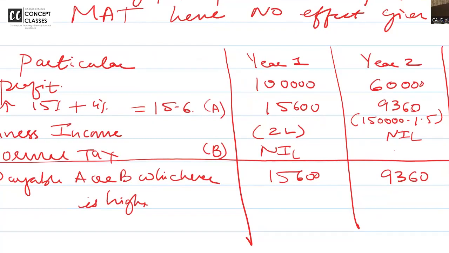30 into 104%. 31.2%. So, one second. On 2 lakh, MAT is 15.6%. On the regular income, what is the tax?